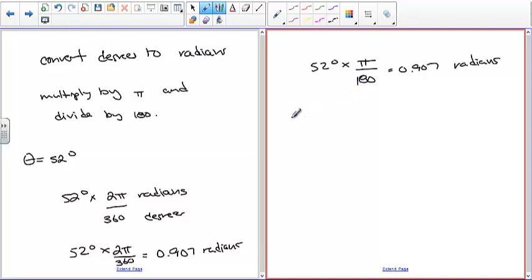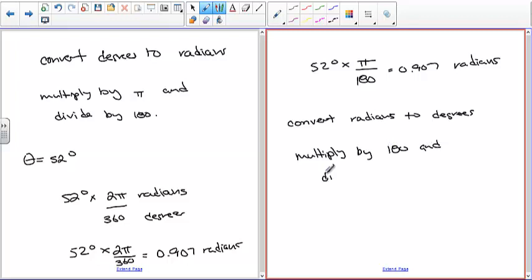Now, to convert the other direction, convert radians to degrees, you're going to multiply by 180 and divide by pi.